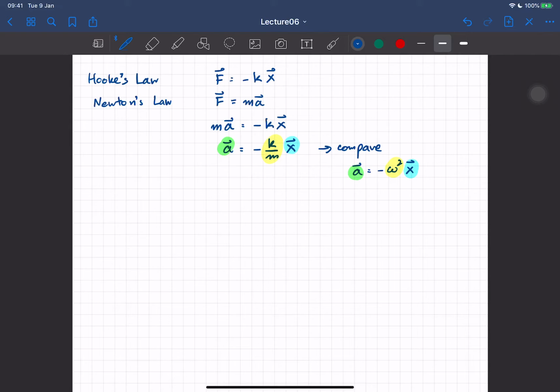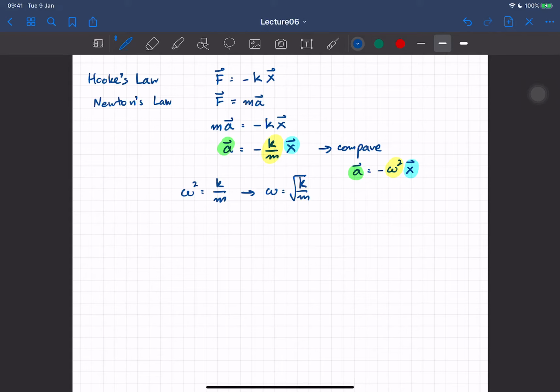First of all, the mass attached to the spring moves in a simple harmonic motion, right? So it's describable by sine or cosine, or sine with some phase or cosine with some phase. Second, it tells you that omega square is k over m. So omega is simply the square root of k over m.